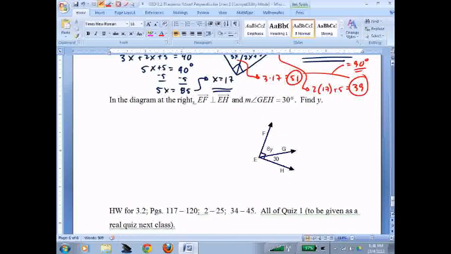So, some simple problems to do. Try it again. This is 6y, this is 30. 6y plus 30 equals 90. See if you can solve it.